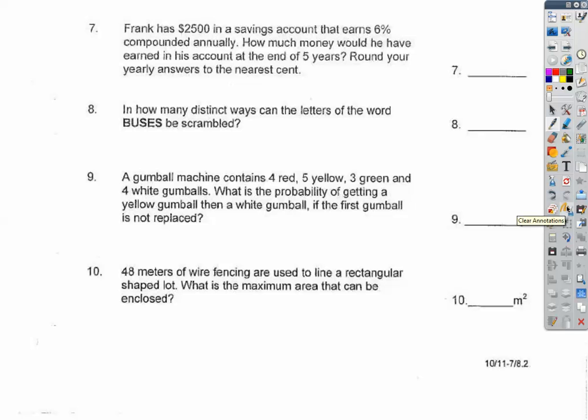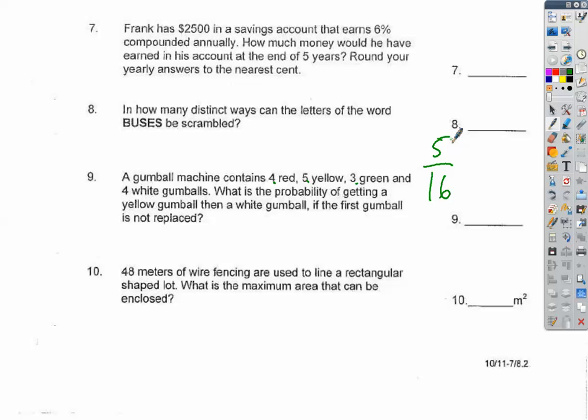A gumball machine consists of 4 reds, 5 yellows, 3 greens, 4 whites. What's the probability of getting a yellow gumball, then a white gumball, if the first gumball is not replaced? Well, I have a total of 16 gumballs. And I want a yellow one. So it's 5 out of 16.